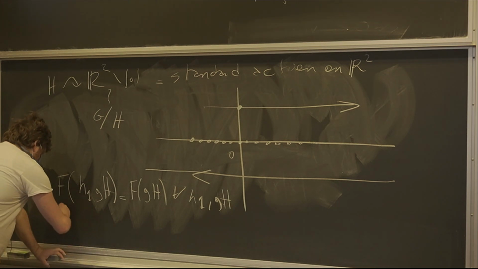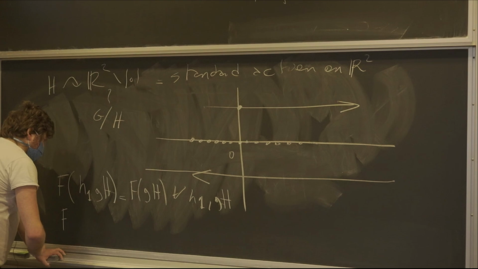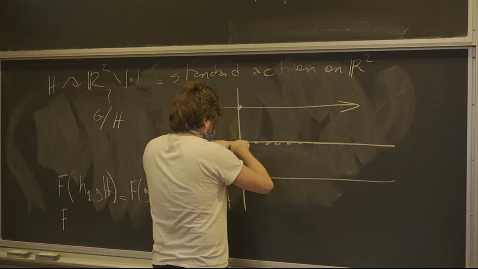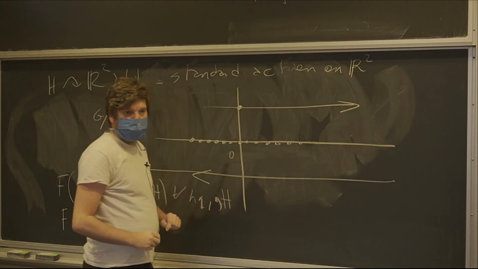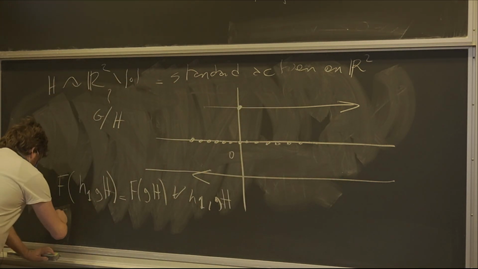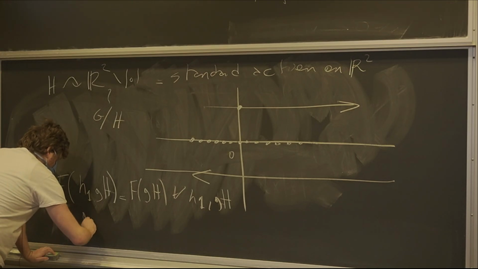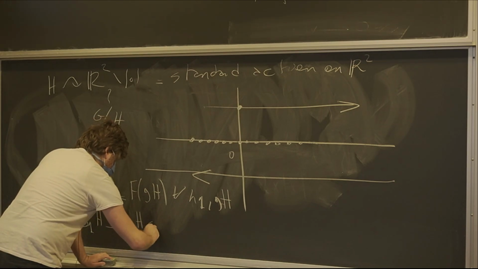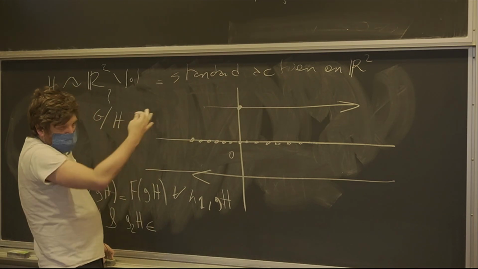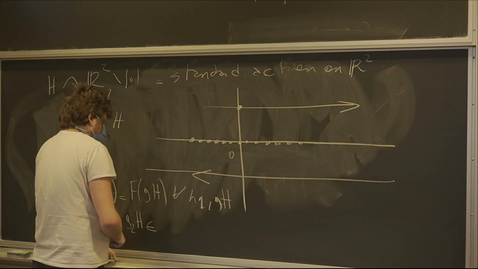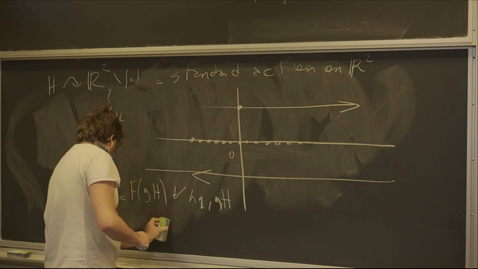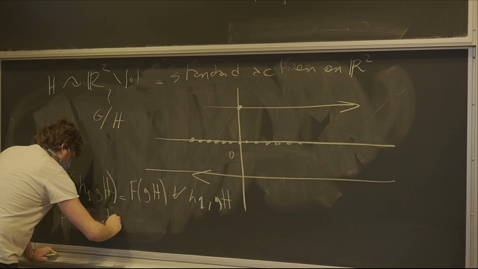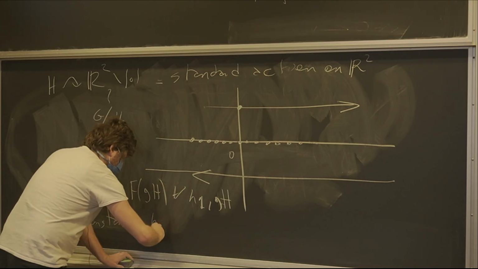And on the other hand, I have then that f is constant along this line. So if G1H and G2H both belong, actually it's constant on horizontals. Yeah, maybe let's write it this way. So f is constant on horizontals.